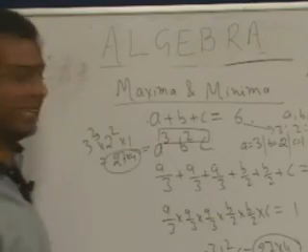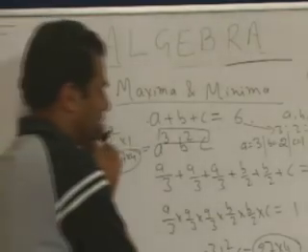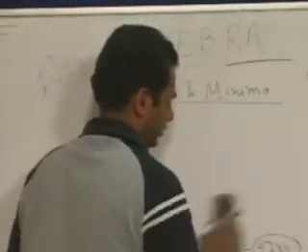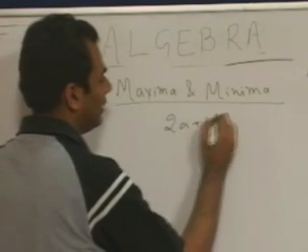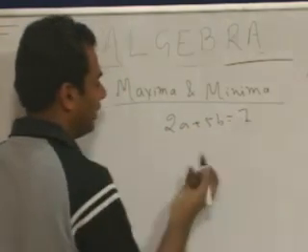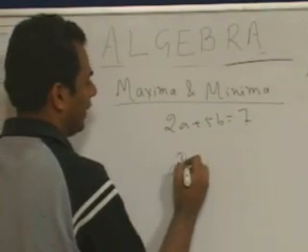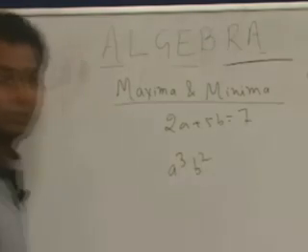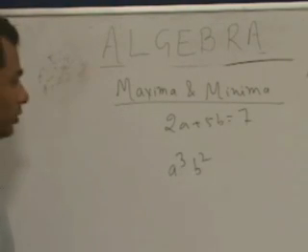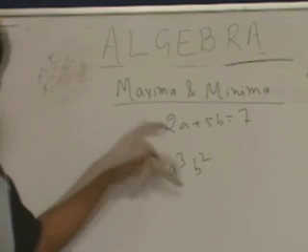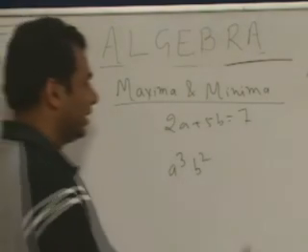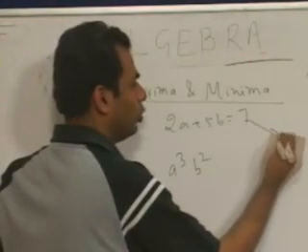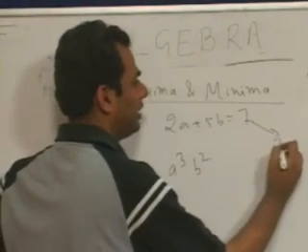And we can even extend this further for a question like this one. If I say 2a plus 5b is equal to 7, and we need to find the maximum value of a cube b square. So in this case, one of the methods is what we just discussed, or working through the ratios. We can work through the ratios by dividing 7 in two parts such that the ratio is 3:2.